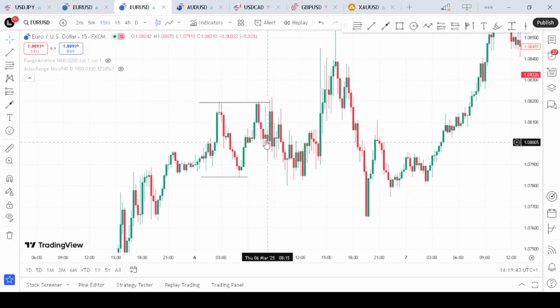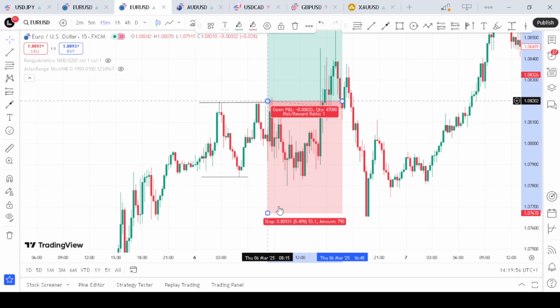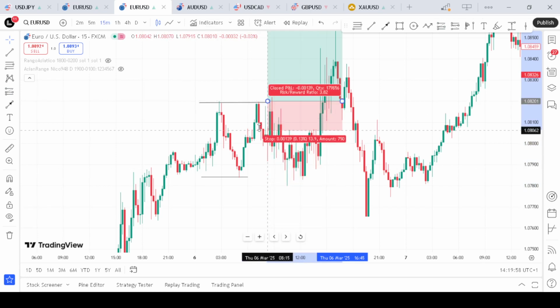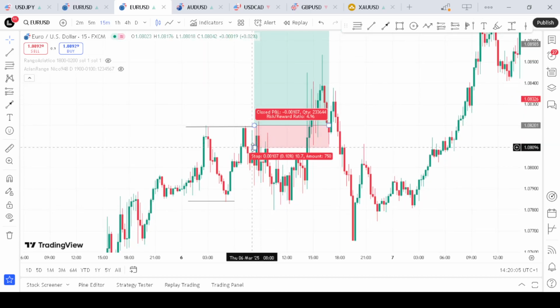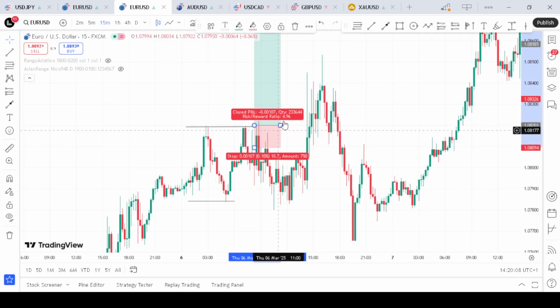Remember that some traders will think that the market wants to continue in the intended direction and take a buy trade, and they will be stopped out, because if you decide to take a buy trade after price breaks out of the high, your stop loss will be below your resistance area. So when you take a buy trade at this area, you will be stopped out because you do not have the idea of the Asian range liquidity sweep.